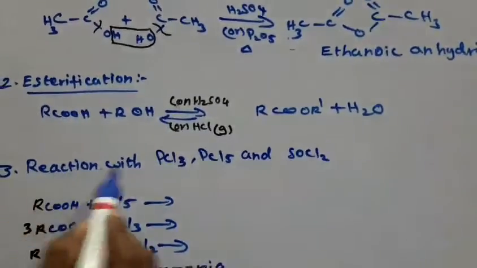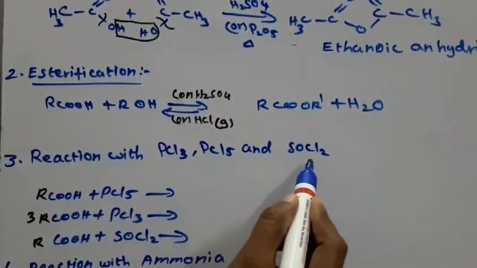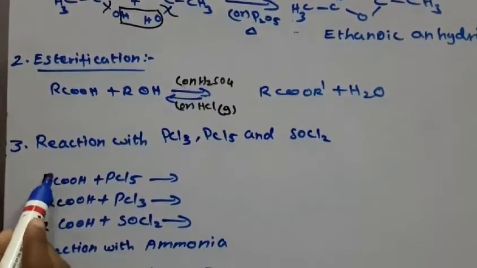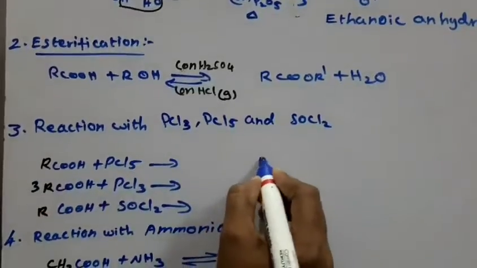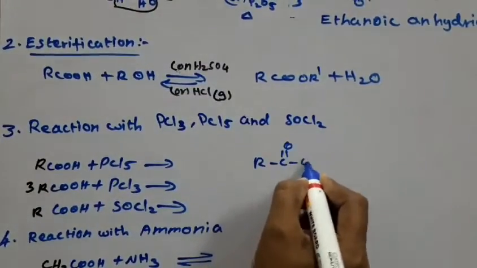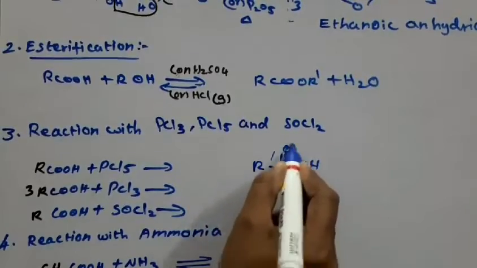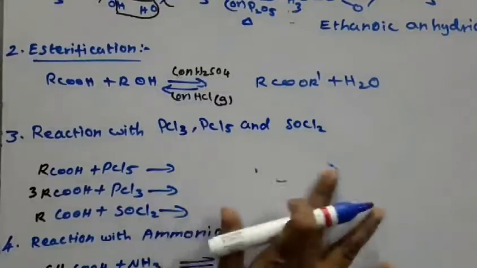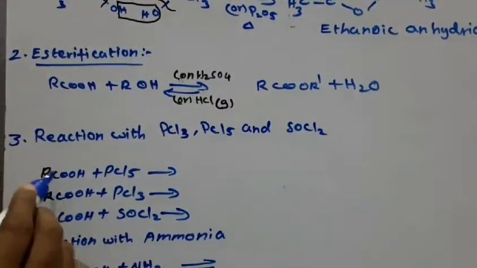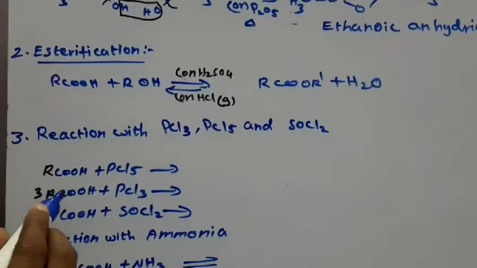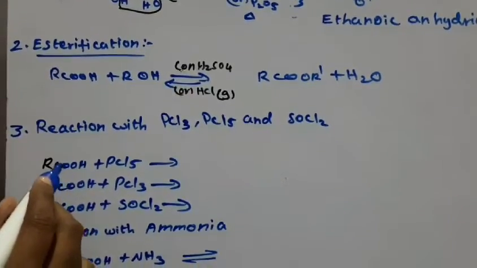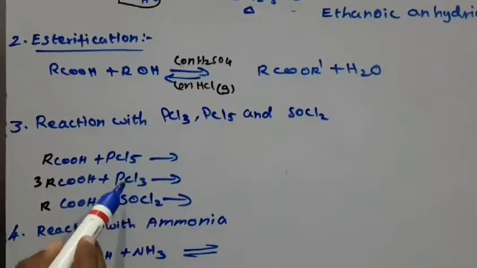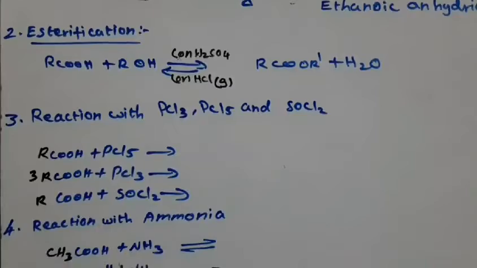And reaction with PCl3 and PCl5 and SOCl2, thionyl chloride. So students, you see this carboxyl group has C double bond O and OH. Both the carbonyl group as well as the hydroxyl group are present, and the OH group behaves like an alcohol. In the alcohol chapter we studied that alcohols react with phosphorus pentachloride, trichloride and thionyl chloride.